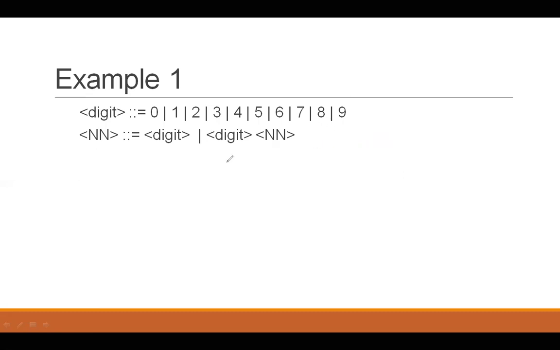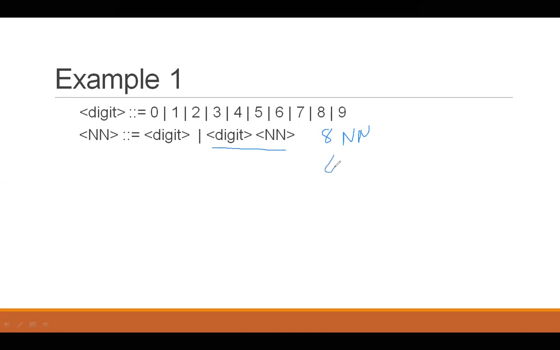Now I want to talk about this recursive definition's benefit, why we didn't write just digit followed by the digit. If we try to expand that, we can show that this natural number is a digit, or, taking this part of the definition, a digit followed by another natural number.